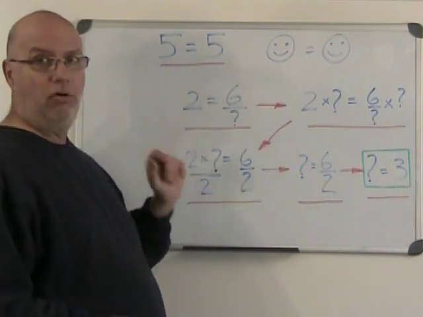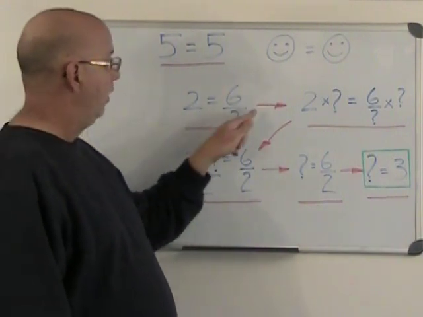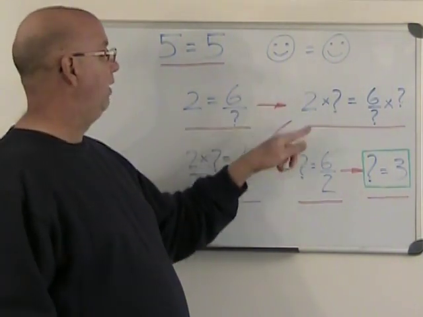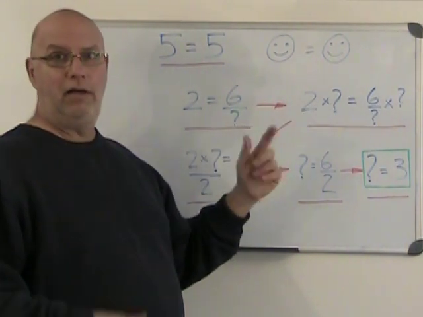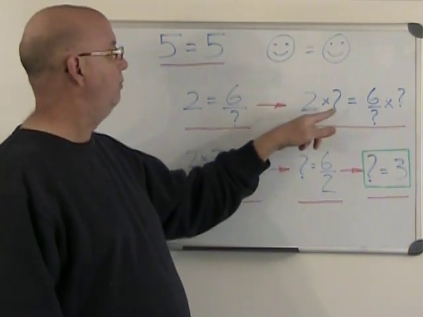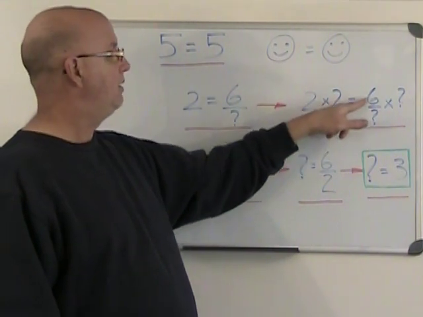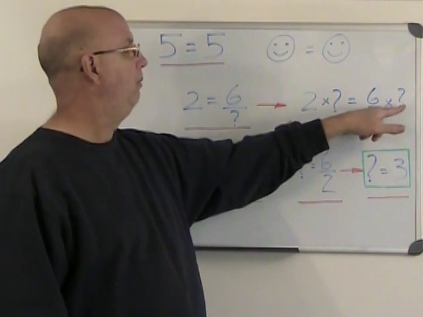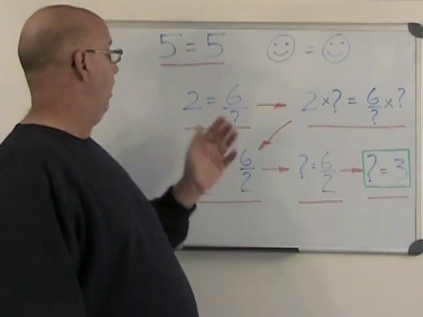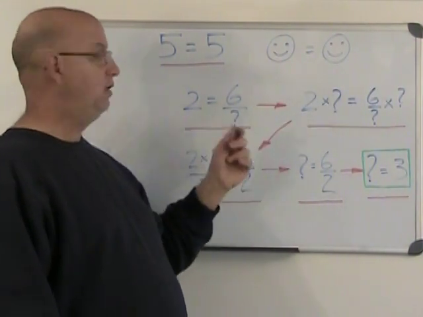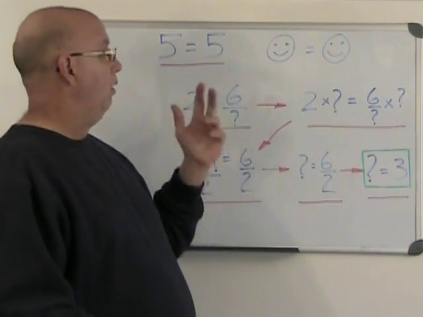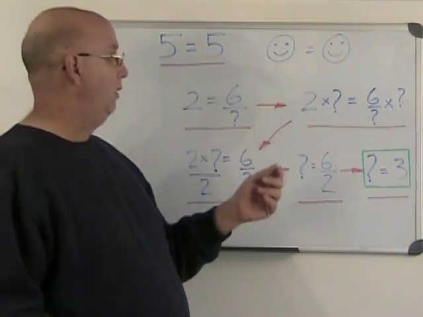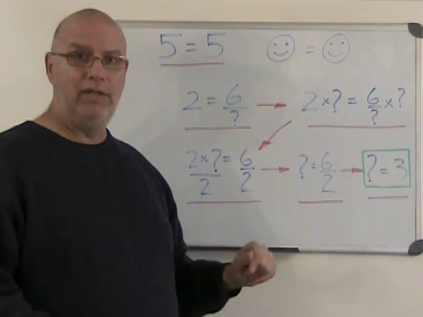2 equals 6 over unknown. If I move over here, you can see that I've multiplied both sides of the equation by an unknown. So 2 times unknown equals 6 over unknown times unknown. It's the same equation. I've just multiplied each side by an unknown. Now, to do that is fine, but we do it for a reason.